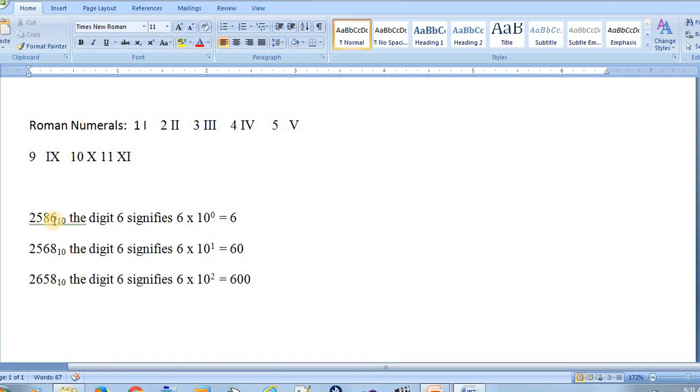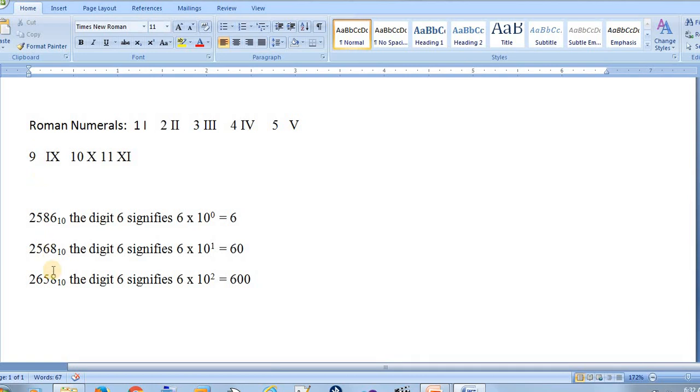But if you consider the positional number system, 2586 to the base 10. In this number, the digit 6 is in the units position, so we can write it as 6 into 10 raised to 0, which is 6. But if I interchange the digits, and instead of 2586 I write 2568 to the base 10, the digit 6 signifies 6 into 10 raised to 1, because 6 is present at the 10th position.